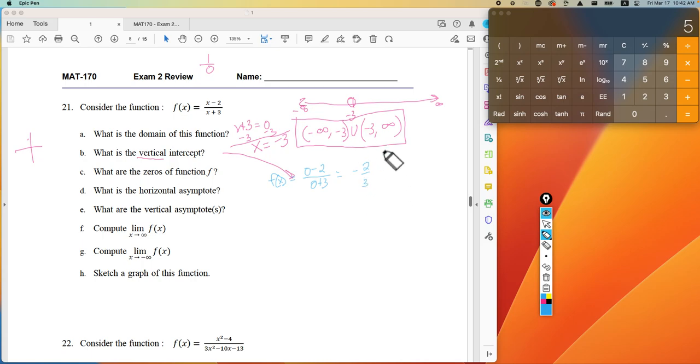So the vertical intercept is, depending on how they list it, y is -2/3, or it's the point 0, -2/3 as an ordered pair. Okay. So switch back to a different color here.